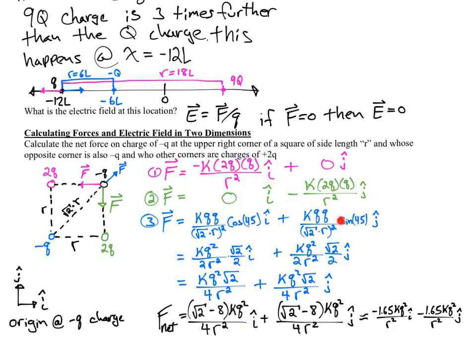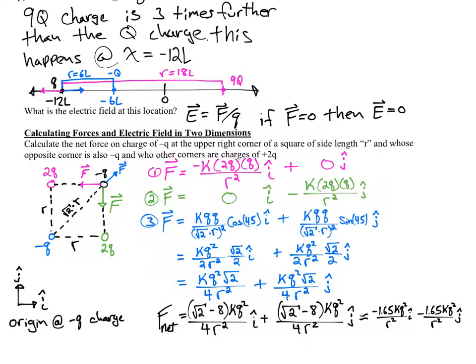Similarly, the j component is multiplied by the sine of 45, same thing as cosine of 45. It all works out to be the same by symmetry. As we simplify this, cosine of 45 is rad 2 over 2, same as sine of 45. You can see I squared the bottom of this to get 2 times r squared, and then this 2 and this 2 multiply together to give us 4r squared on the bottom. We have a rad 2 on the top. And of course, q times 2 is q squared.